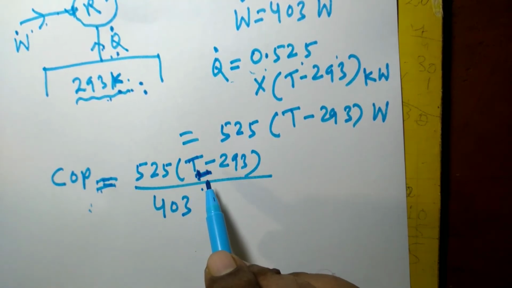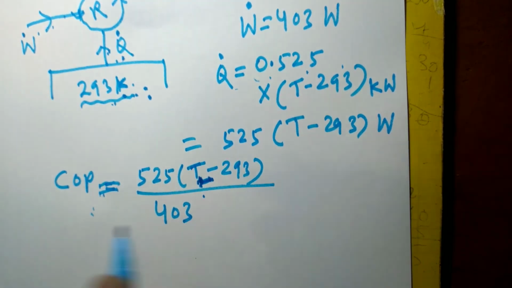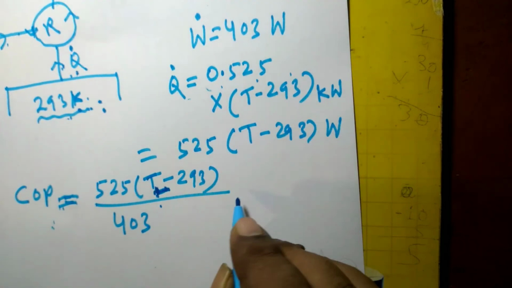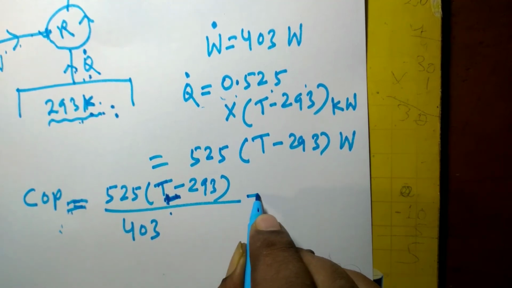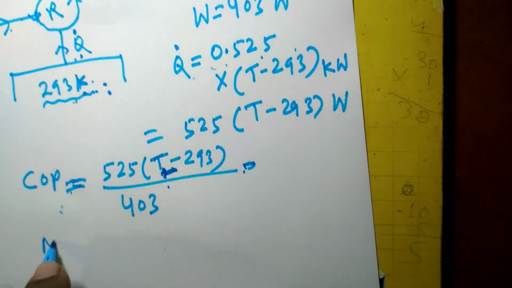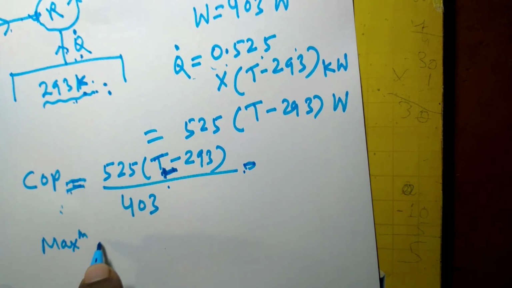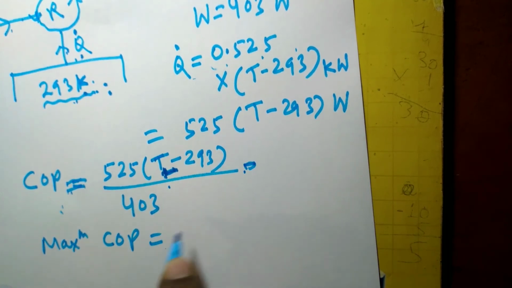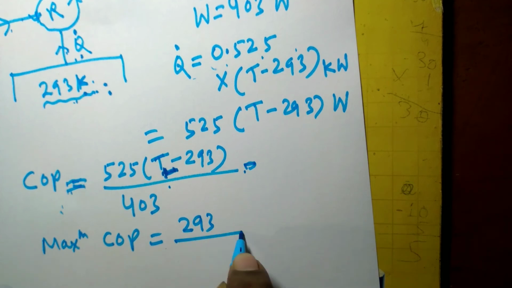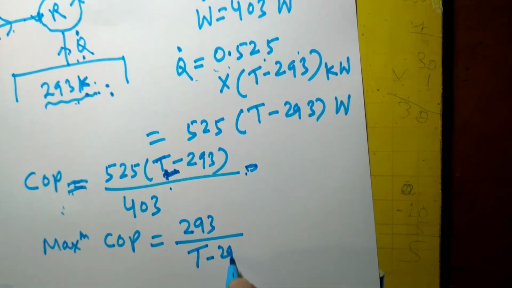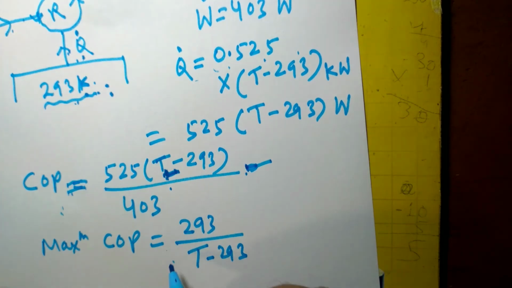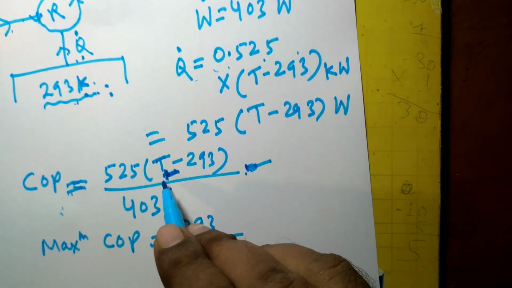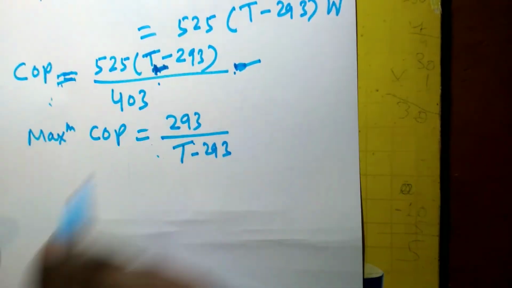So when T is maximum means COP is maximum, and COP is maximum in case of a refrigerator working on reverse Carnot cycle, and the maximum COP is equal to 293 divided by T minus 293, and when T is the maximum value then COP will be maximum.